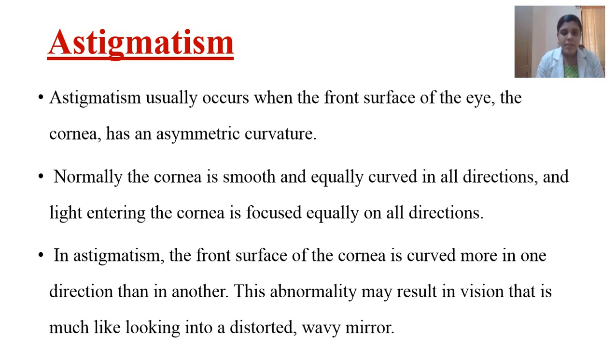But in astigmatism, the cornea does not have an equal curvature. It is curved more in one direction than the other. As a result, the light rays are reflected like a distorted, wavy mirror.